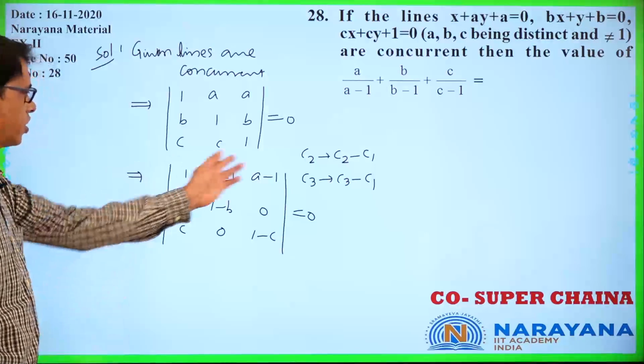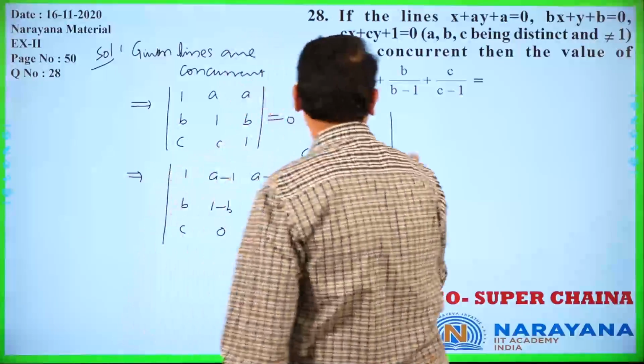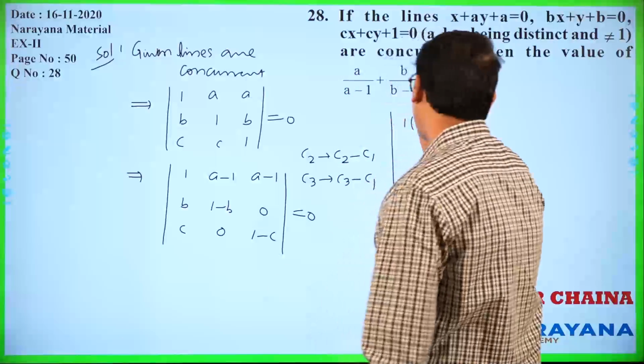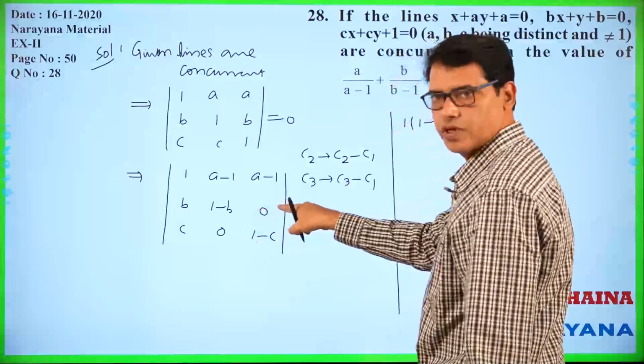Expand along the first row. If you expand along the first row, first 1 into multiply these two. So (1 minus b) into (1 minus c), then minus 0.